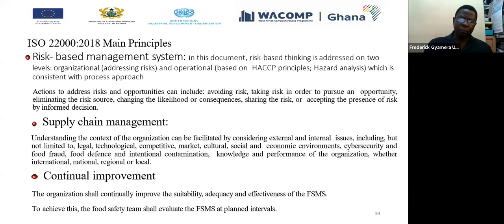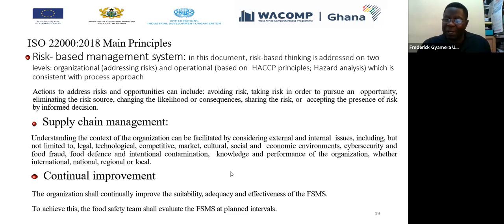Now, continual improvement after taking cognizance of all this, you know what to do to improve the suitability, the adequacy, and the effectiveness of the food safety management system, because you have what it takes to minimize, reduce, or bring it down to acceptable limits, so it will be fit for your production purpose.